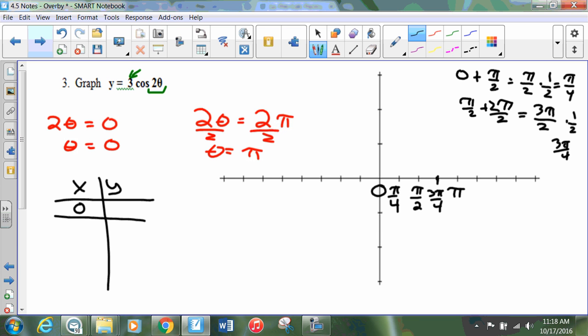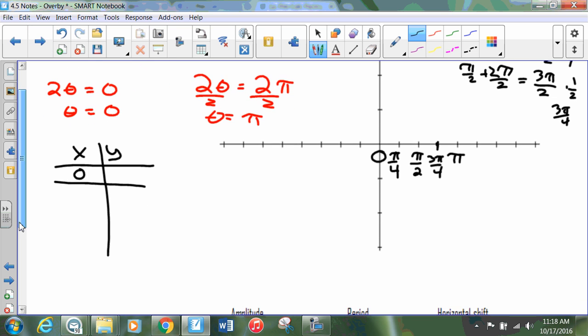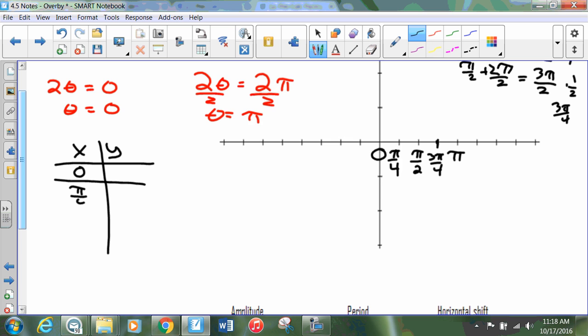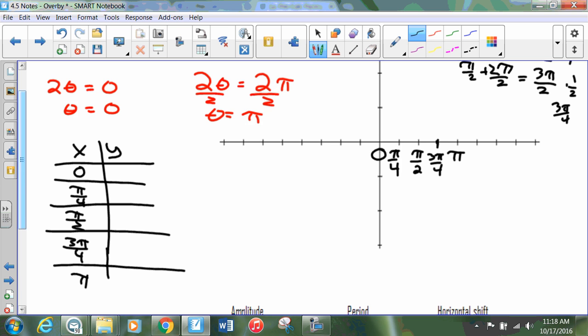Okay. So with these tick marks, now I go back to my table, and I'm going to fill my table in. I've got pi over 4, pi over 2, 3 pi over 4, and pi. So I'm going to do with you guys what I did with fifth block, and that is I'm going to show you the long way first, because the long way always works, and it's really easy to understand, but it takes a little more time.